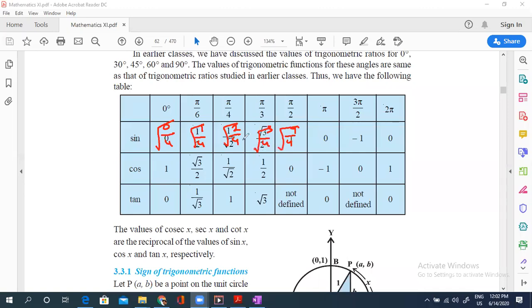Okay, 0 by 4, 0, root 0, 0. 1 by 4, under root is 1 by 2. 2 by 4 is 1 by 2. 1 by 2 root is 1 by root 2. Root 3 by 4 is root 3 by 2. And 4 by 4 is 1. So it will be 1. Got it?